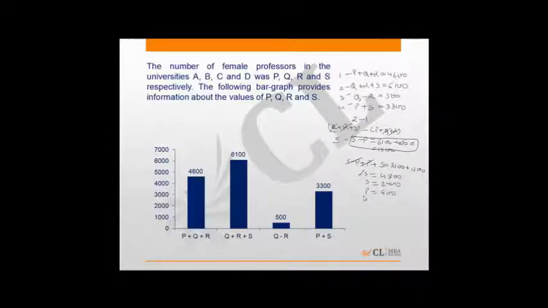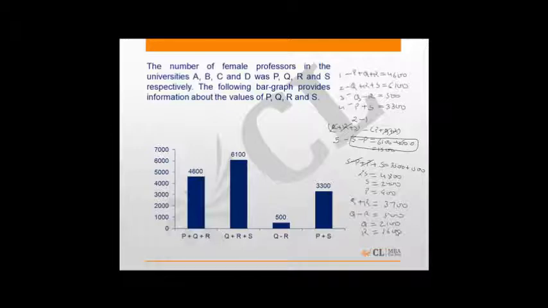When I put the value of P in equation 1, or I put the value of S in equation 2, I get Q plus R as 3700, and I already have equation 3, Q minus R as 500. On solving these two equations, I get Q as 2100 and R as 1600.